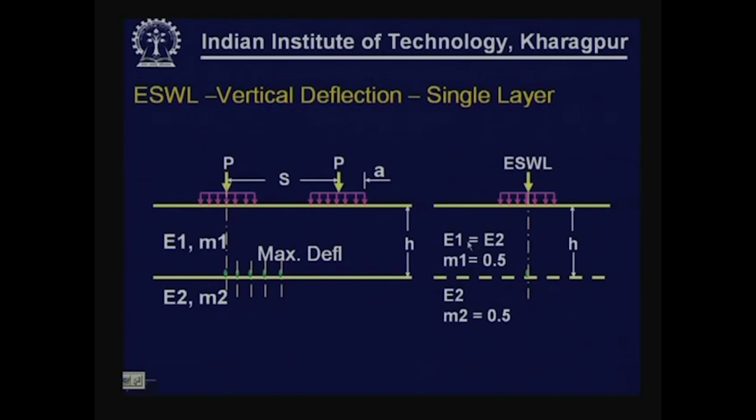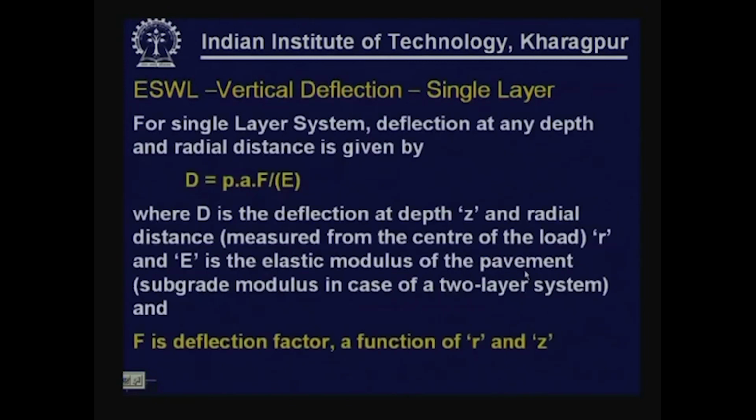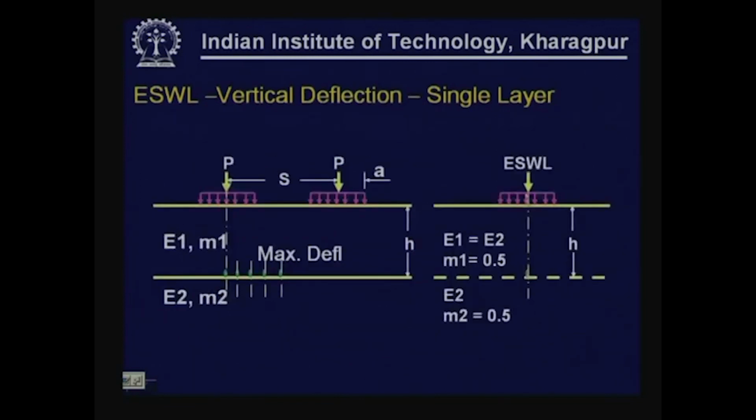We keep the same parameters, and at this depth obviously the maximum deflection is going to be along the axis of symmetry at the interface. So we will try to calculate where the maximum deflection is going to be for the system on the left hand side. Then the wheel load that will produce the same amount of maximum deflection corresponding to the left hand side system will be the equivalent single wheel load.